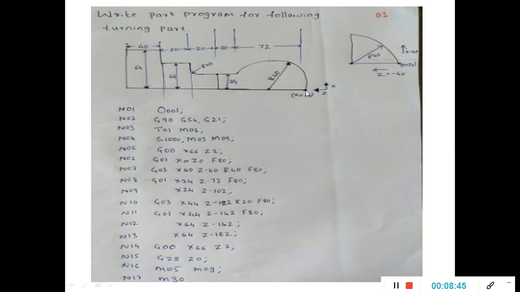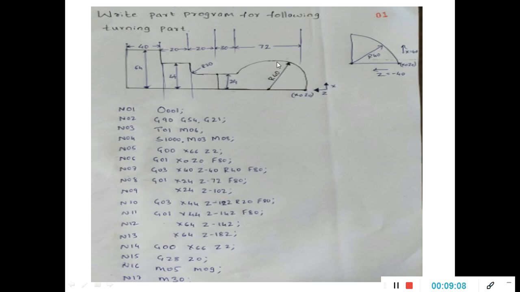To cut this circular interpolation, as the tool is moving in the counterclockwise direction, you have to mention G03, and the X value. The radius is 40, so the X value is also 40, and the Z value is also minus 40. Minus means it is in this direction. So X is 40, Z is minus 40, and radius R is 40.